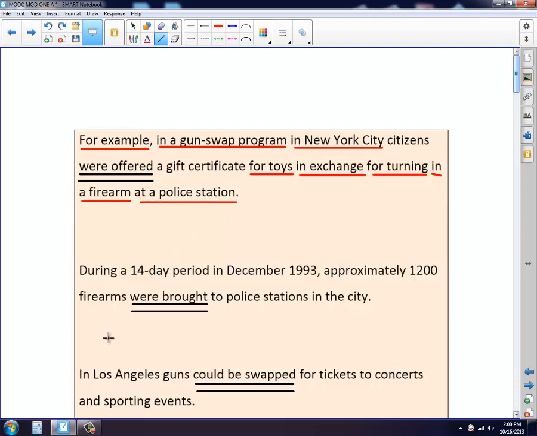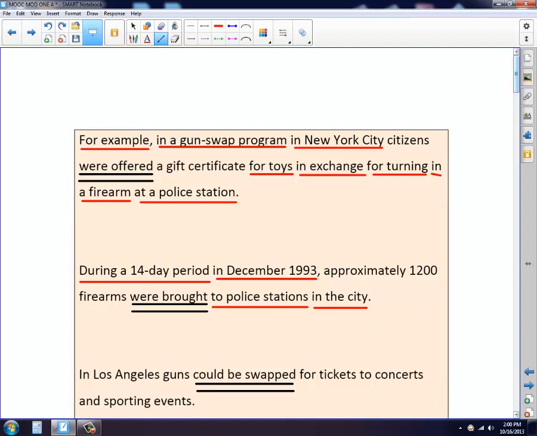During a 14-day period in December 1993, approximately 1,200 firearms were brought to police stations in the city. During a 14-day period in December 1993, to police stations, and in the city are all prepositional phrases.